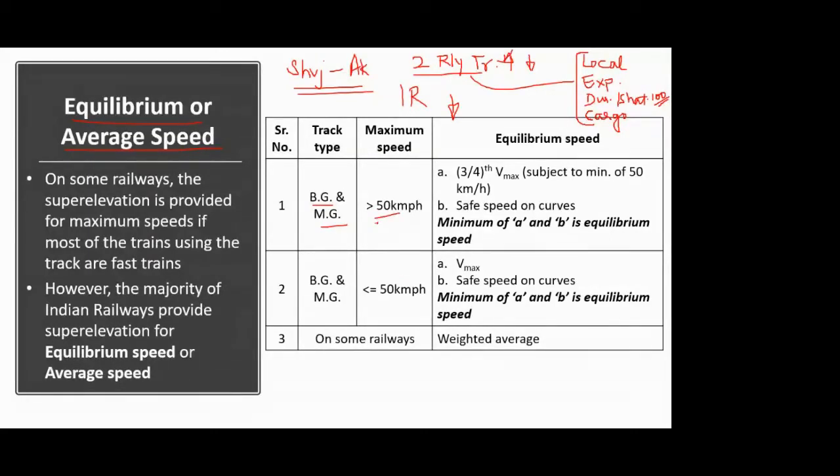It is greater than 50, the maximum speed. So I'll find the equilibrium speed, which is nothing but 3/4 of the maximum value. Amongst your train fleet, whichever train has the maximum speed for this section, Shivajinagar to Akurdi, that will be Vmax. Now in this case, this is my Vmax.